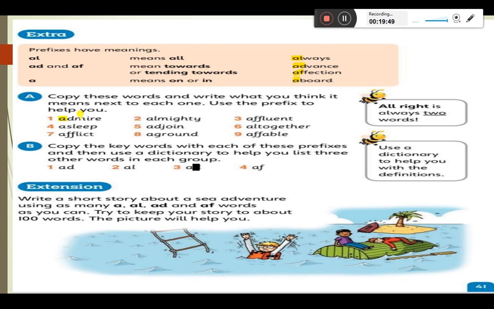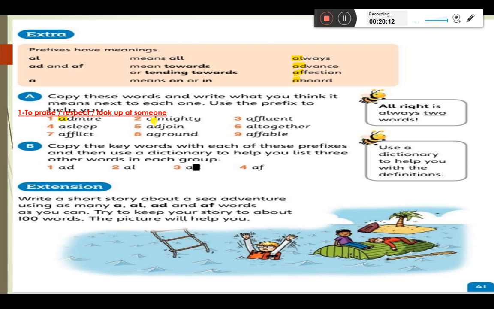So maybe it means in the state of loving or in the state of respecting. Let's see what we have here. Yes, admire means to praise someone, give good words, or respect, or look up at someone.